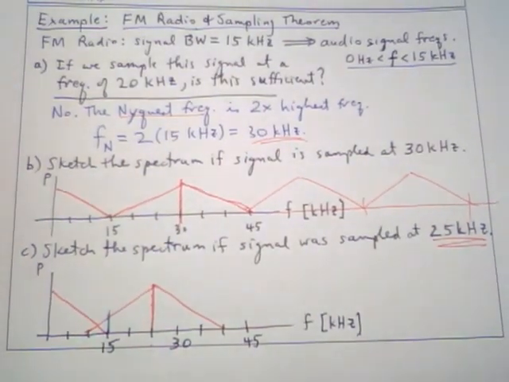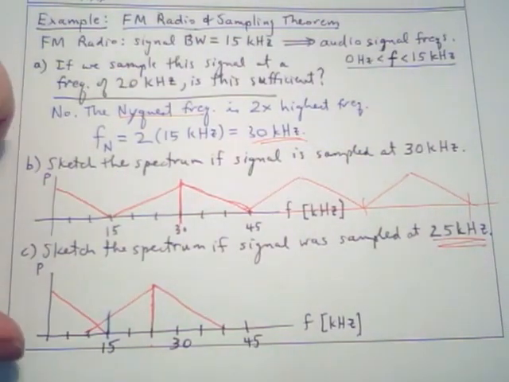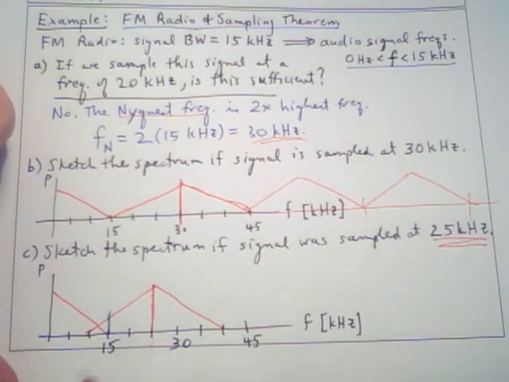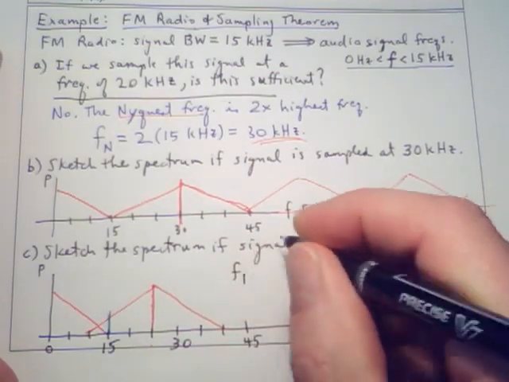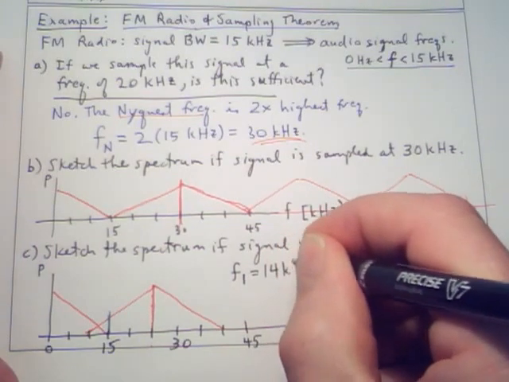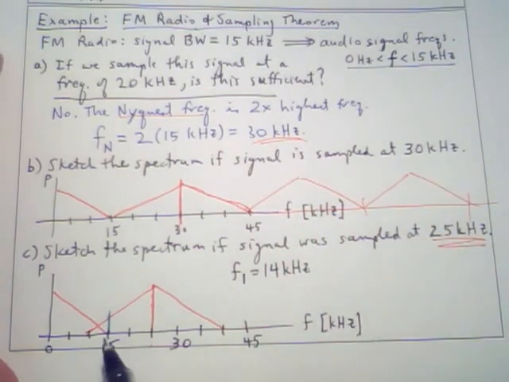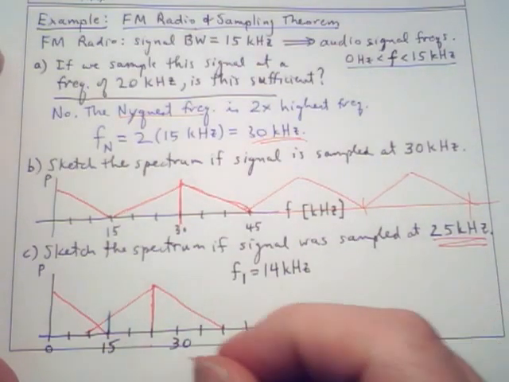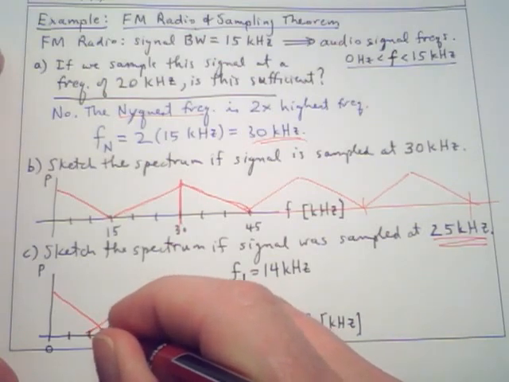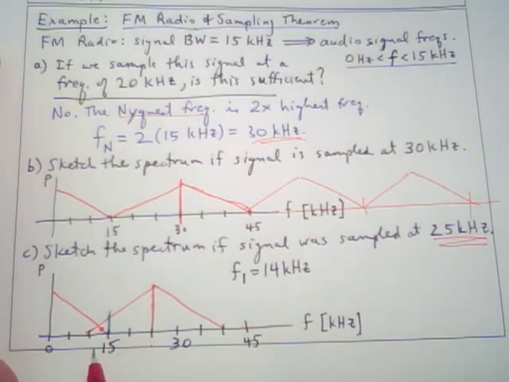For example, we have 0, 5, 10, 15. If I go to the frequency F1 of 14 kilohertz, that frequency being 1 away from 15, let's draw it right here on this spectrum.